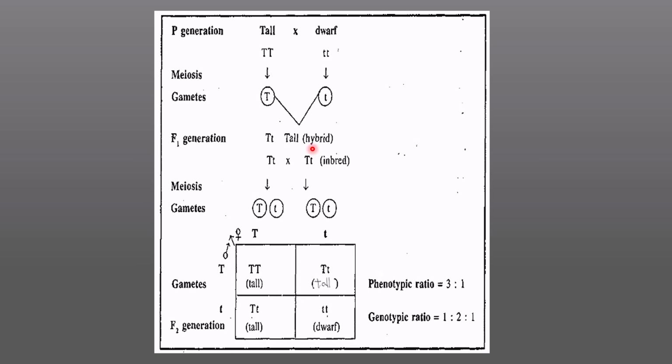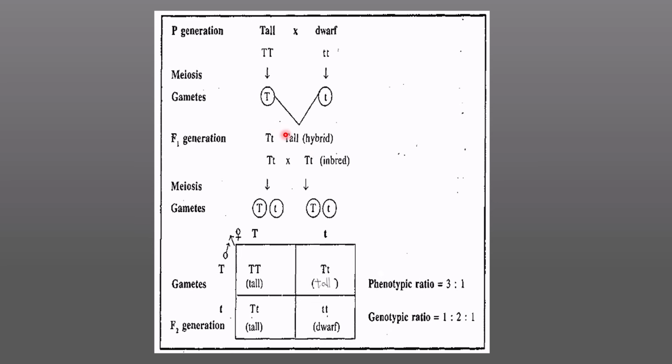They are phenotypically tall, similar to the pure breeding parent, but the only difference is they are of different genotypes. So what can we infer through this? Though the phenotypic characters are the same, their genetic constitution may differ.